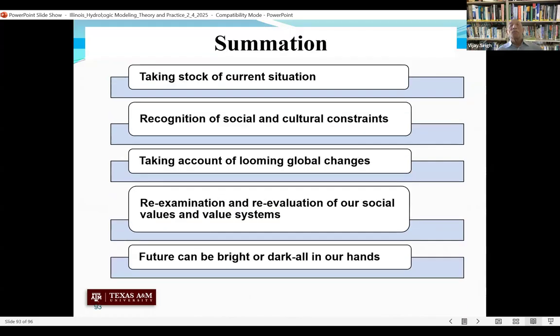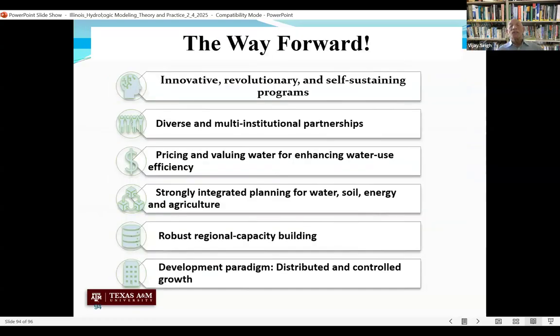Only then will the model be competitive. So we have to take stock of the current situation, recognizing social and cultural constraints, and we have to take into account the looming global changes that are occurring. And of course, that will take us to re-examine and revalue our entire value system. Which means the future can be as bright or dark, it's all in our hands.